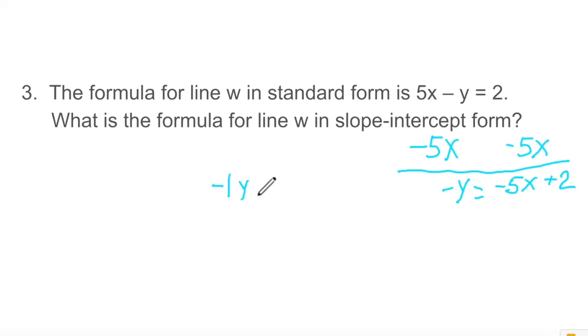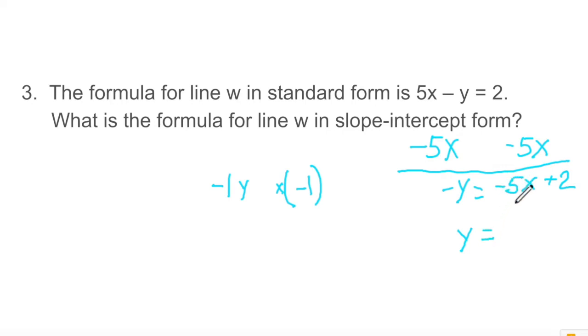So what we'll do is we'll multiply the whole equation by a negative 1, right, times negative 1. So when we multiply negative y by a negative 1, that becomes a positive y, right, because the two negatives cancel each other out.